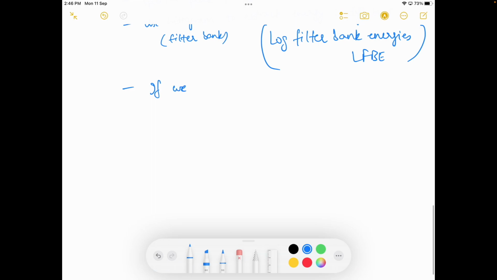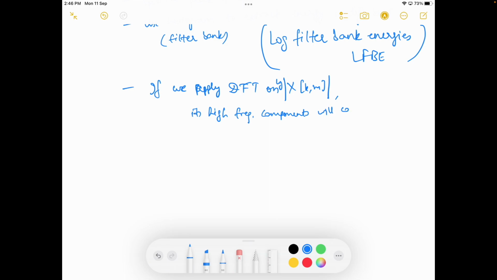If we apply DFT on log, on this thing, its high frequency components will contain peak information or the spectral peak information, and its low frequency components will contain spectral envelope information.